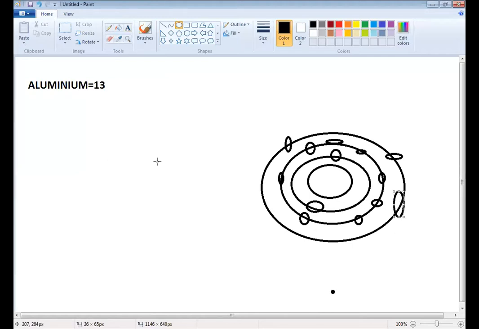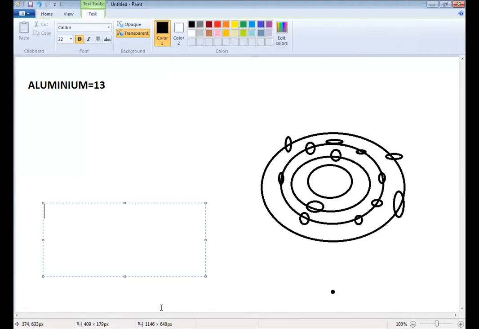So according to the octet rule, in the M shell, 8 electrons should be present, but here only 3 electrons are present. How many electrons of deficiency? 3. So it donates 3 electrons and its valency is +3.